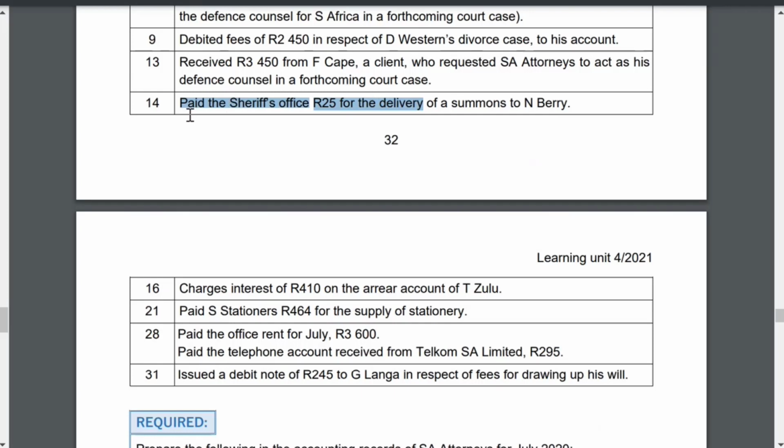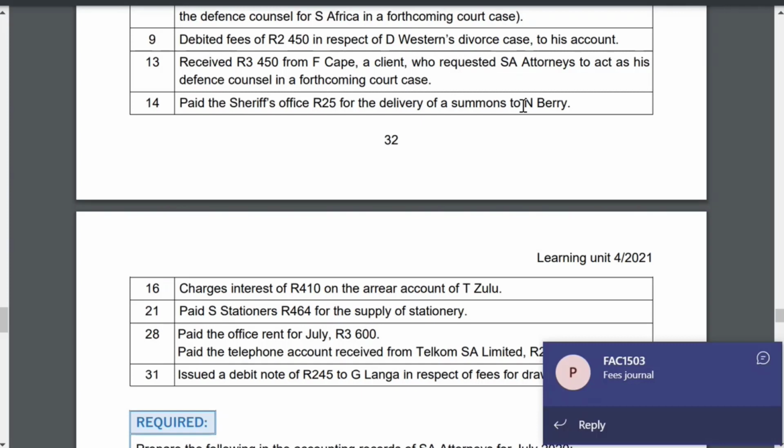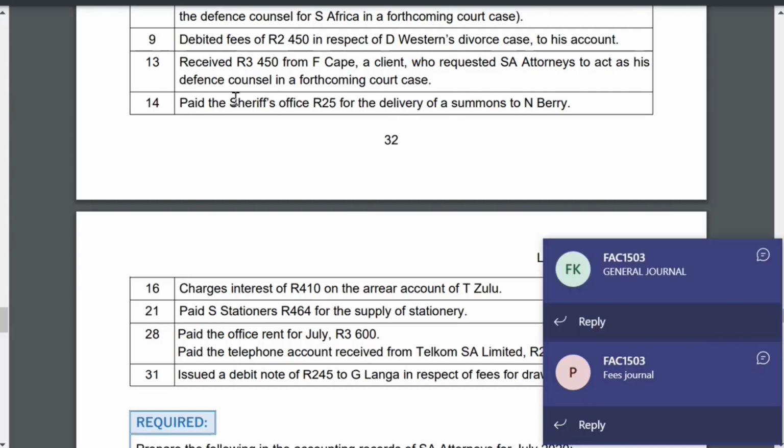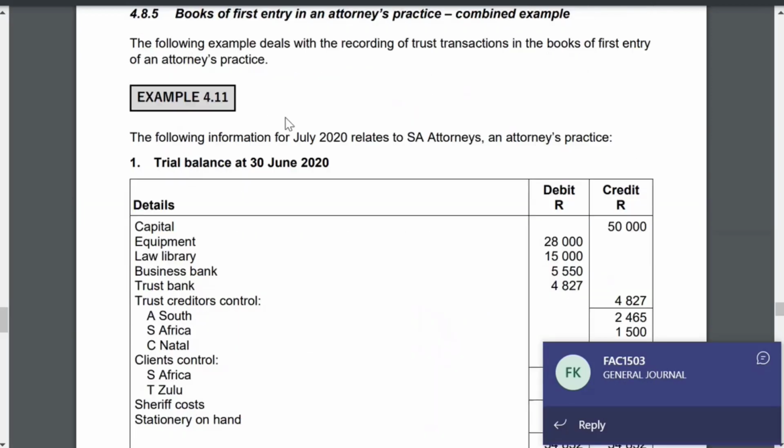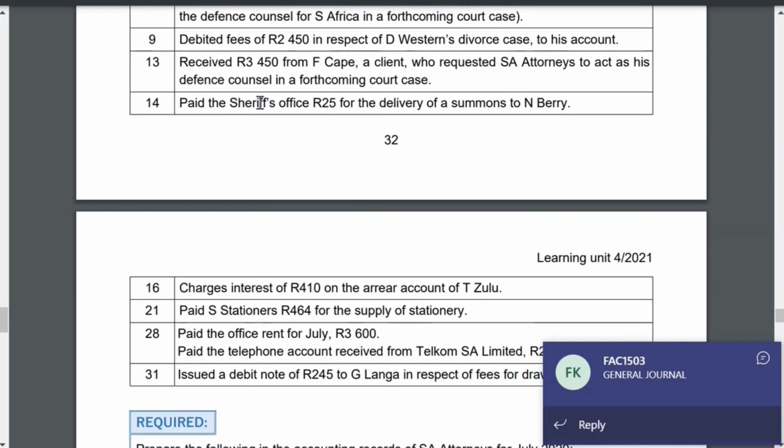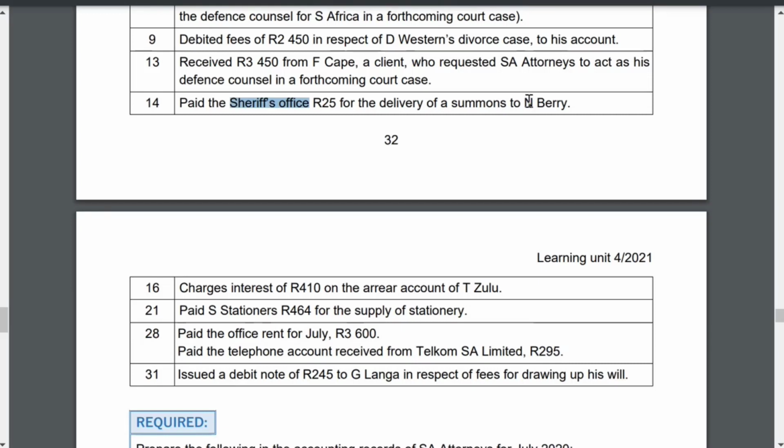SA attorneys has been instructed by their client N. Berry to deliver assignments.